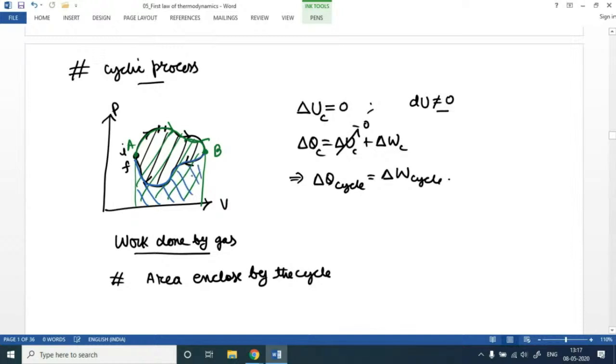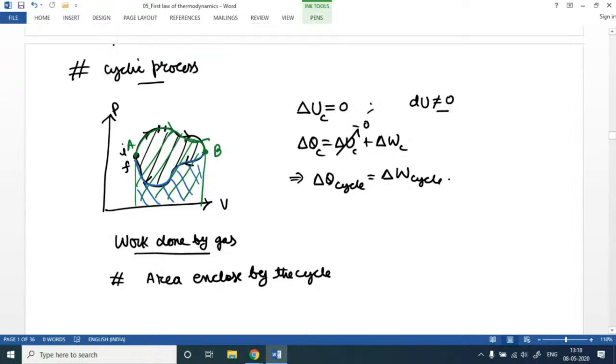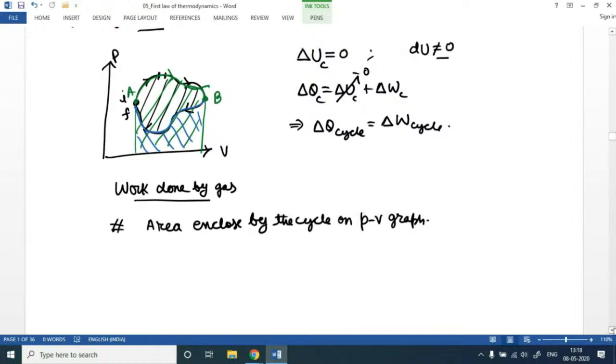When we sum up the work done, you are left with the area enclosed by the cycle. So for a cyclic process, the area enclosed by the cycle on the PV graph is simply the work done by the gas.